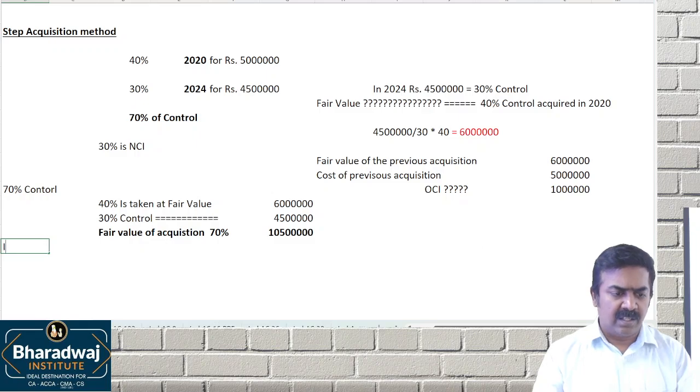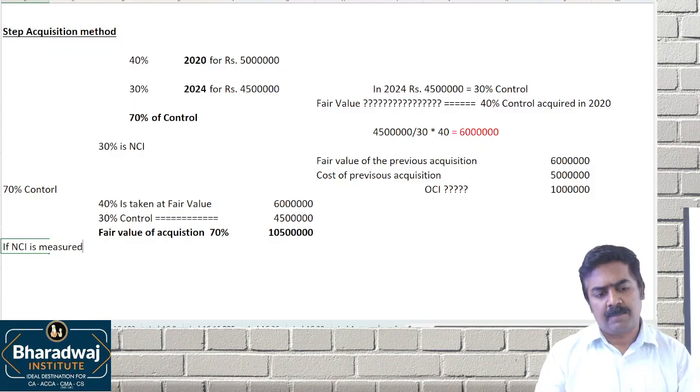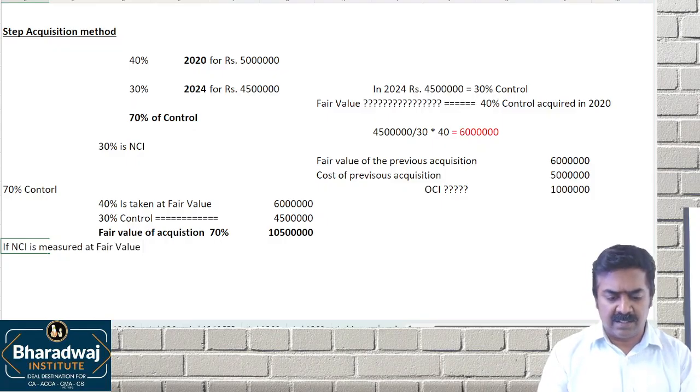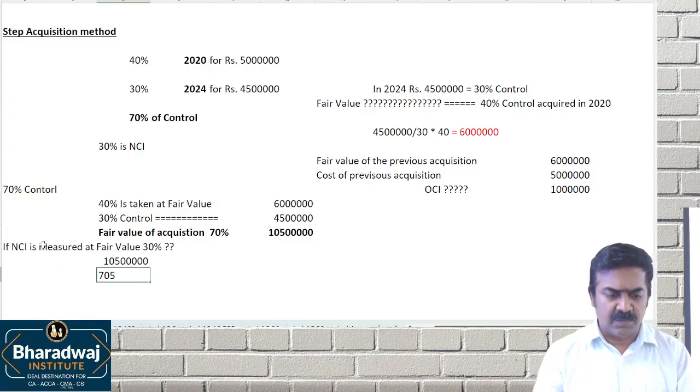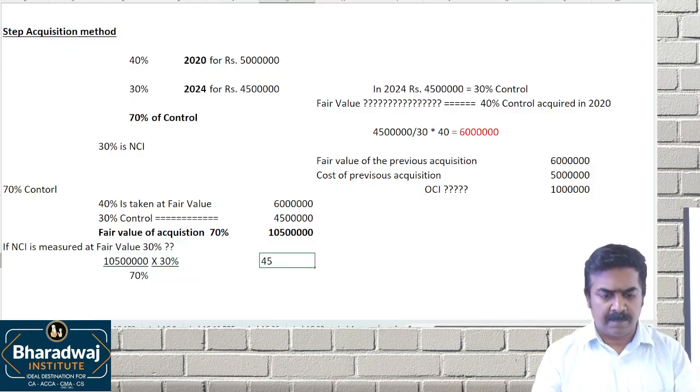If NCI is measured at fair value, 70%, 30% will be how much? 105 divided by 70, what is for 30? 45 lakhs.